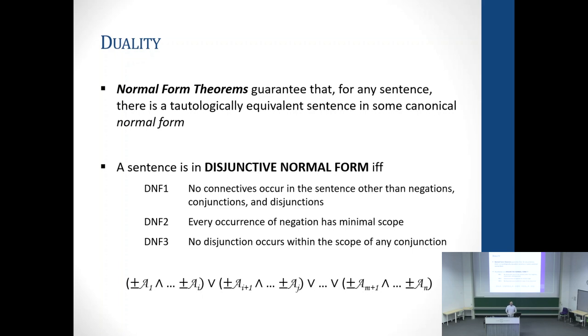So it's basically guaranteeing you've got disjunctions at the highest level, then conjunctions, and then possibly negations. The cool thing is that every sentence can be turned into a disjunctive normal form. No matter what truth functional operators it has, we can turn it into one that only has those three connectives in that particular order.